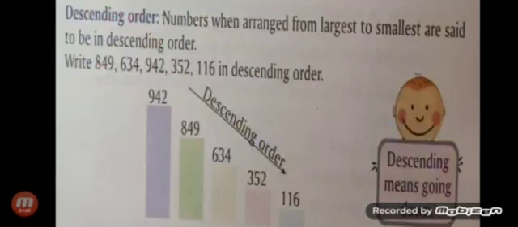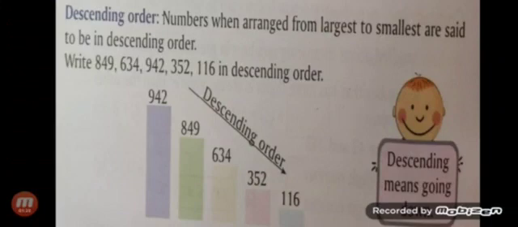Okay, now let's take descending order. Numbers, when arranged from largest to smallest, are said to be in descending order, and descending order is also known as decreasing order. Descending means going down. Again, you can have a look at the example shown.